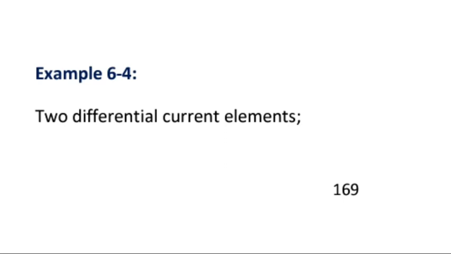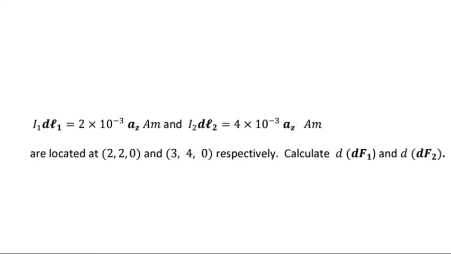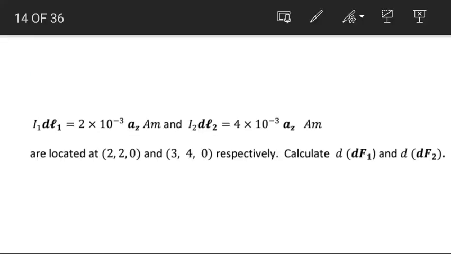Example number 6.4. Again, we have got two differential current elements. The first differential current element is I1 dl1, which is equal to 2 into 10 raised to power minus 3 Az ampere meter. And the second differential current element is I2 dl2, which is 4 into 10 raised to power minus 3 Az ampere meter.